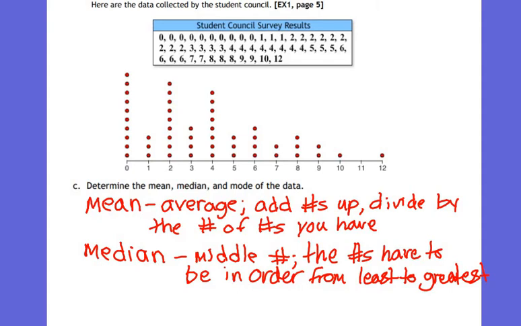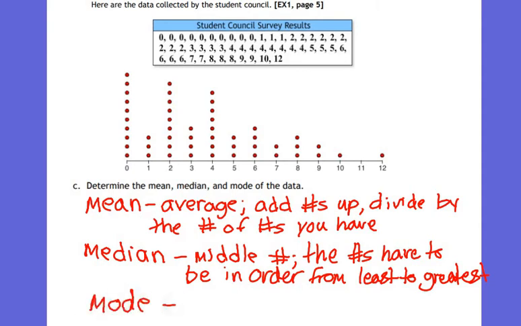That's another definition you might want to highlight. Then we have mode.